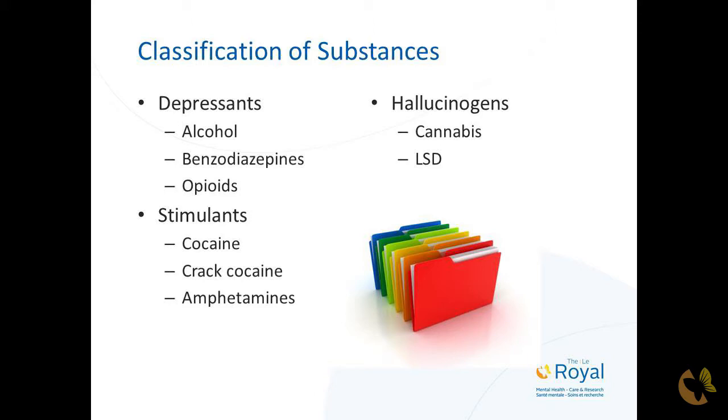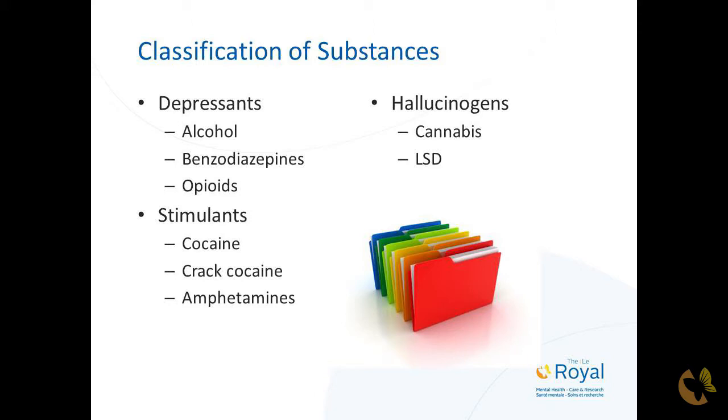Stimulants have the opposite effect, where they increase your heart rate, your blood pressure, your breathing. And here you have cocaine, crack cocaine, amphetamines. And in this category, you can lump in things like methamphetamines, crystal meth, speed, and so on. These would be your stimulant category.